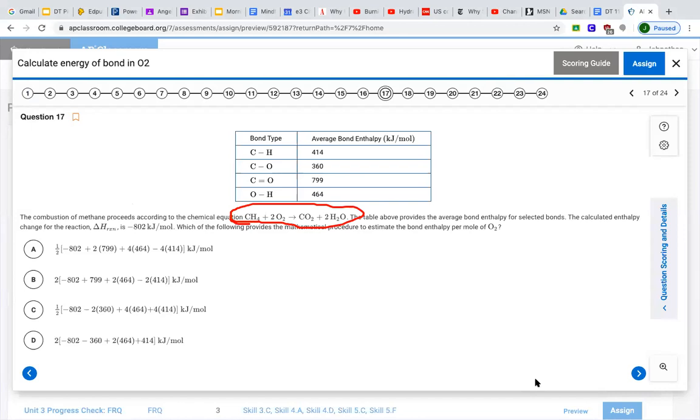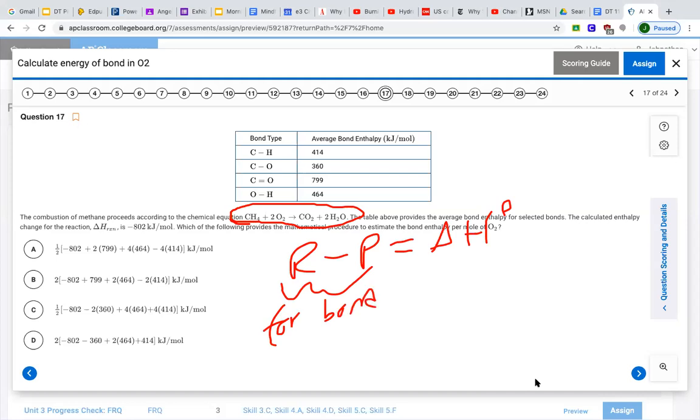reactants minus products for this one equals delta H, okay? When you've got bond enthalpies, reactants minus products. So what do you get?